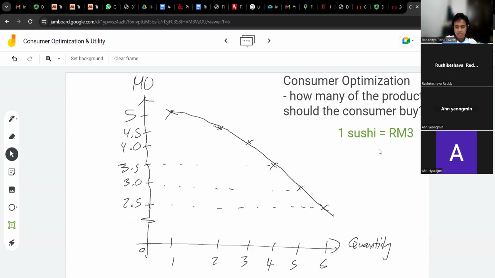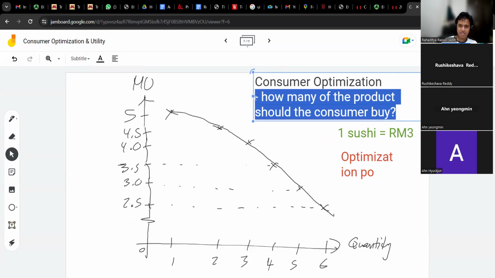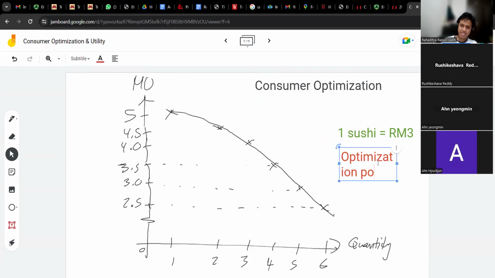Now the important part is recognizing at what point your optimization point is. The optimization point is where your marginal utility is equal to the price. So your marginal utility of x is equal to the price of x.